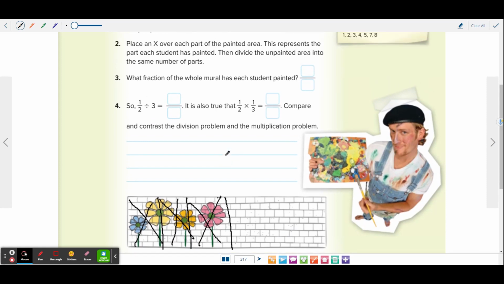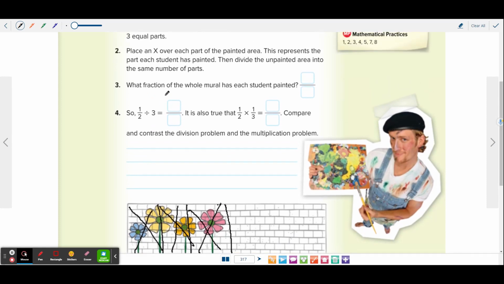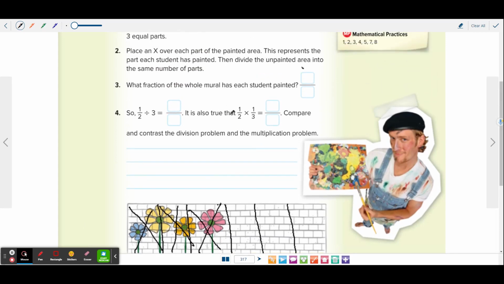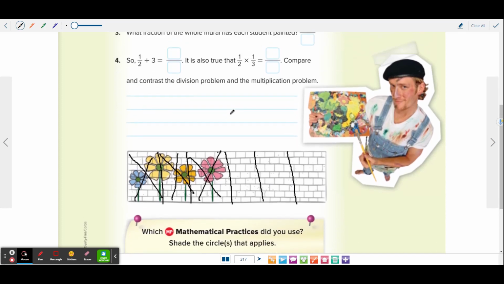All right, and then what fraction of the whole mural has each student painted? Oh, I skipped that. Okay, then divide the unpainted area into the same number of parts. Sorry about that. So then 1, 2, 3. Now we've got 3 unpainted, 3 painted. So what fraction of the whole mural has each student painted?